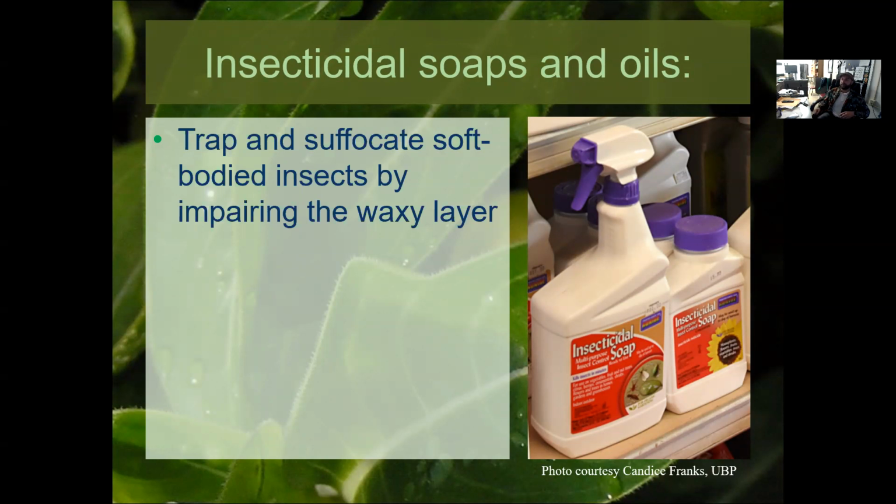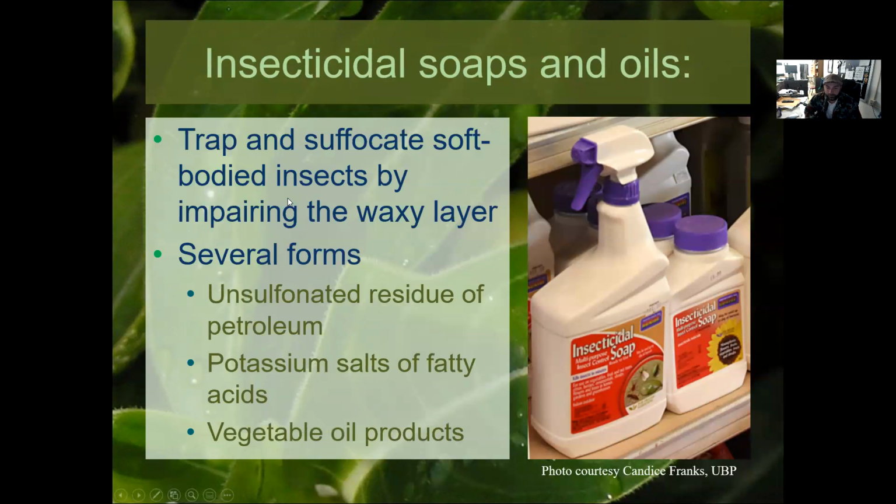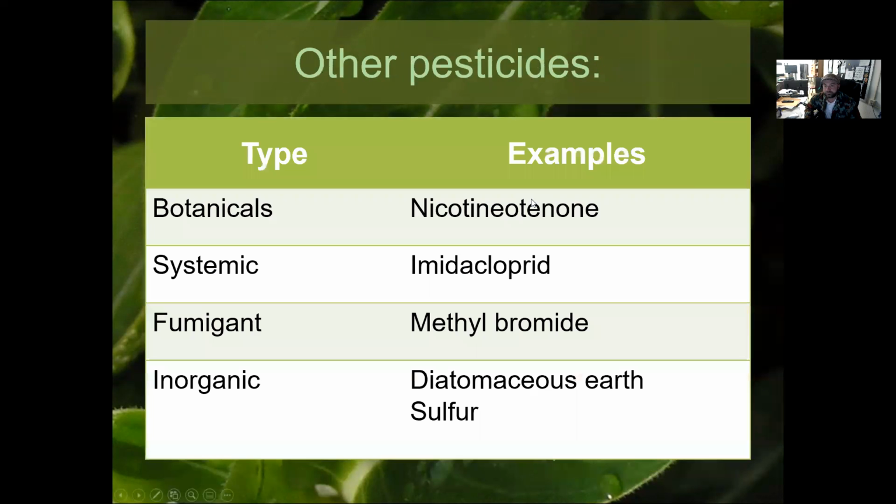It's probably a pretty mean and nasty death, but for the plant itself, you're saving the plant. I actually think insecticidal soaps and oils are a little bit better than a regular pesticide because you're not affecting the plant nearly as much. There are several forms: unsulfonated residue of petroleum, potassium salts, fatty acids, and vegetable oil products.